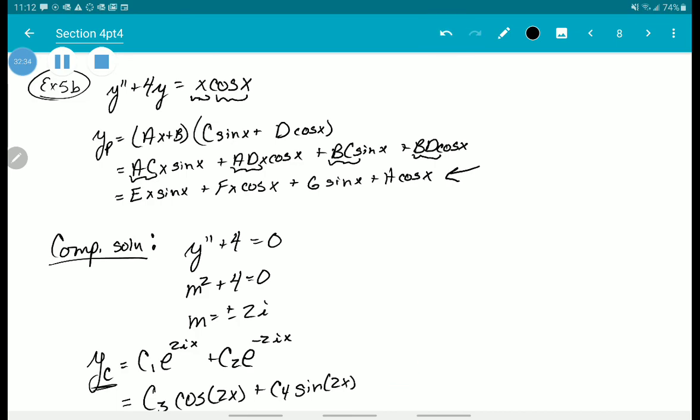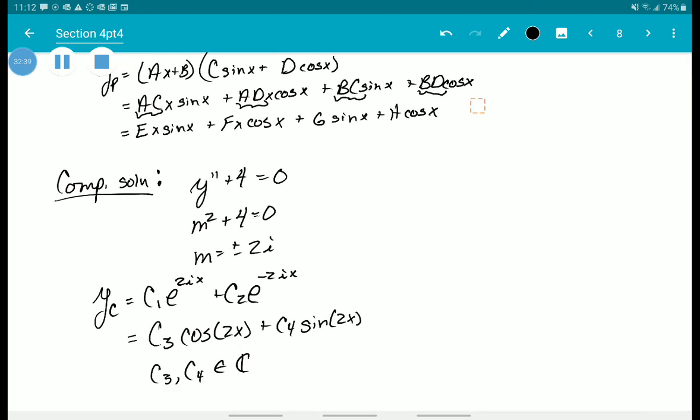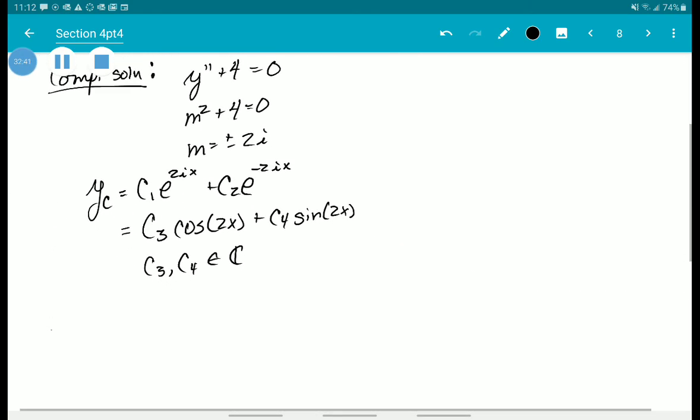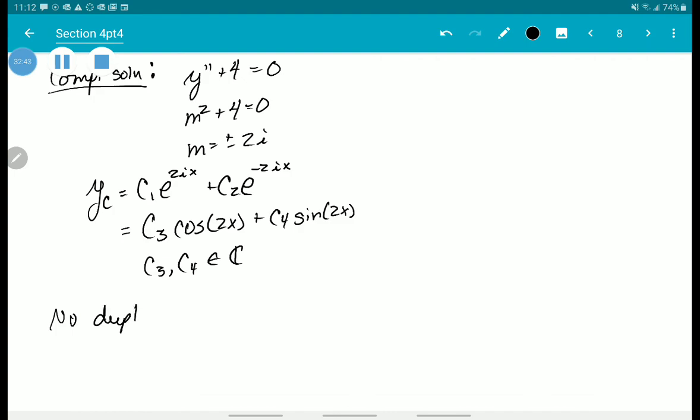So we don't have any duplication there, which means our particular solution looks good.